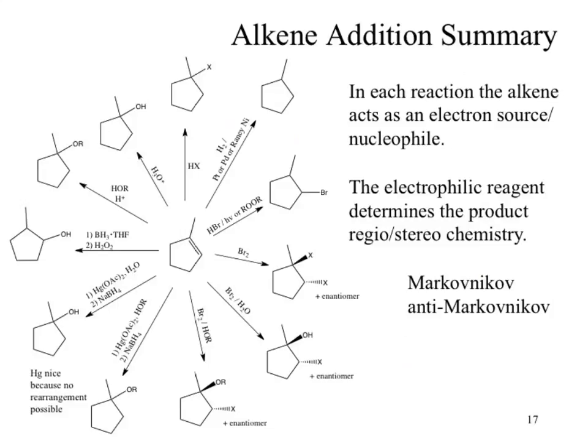So now that leaves me with just memorizing that BH3 will do that. Because does it do that because it's bulky or some reason like that? The reason BH3 goes to the least substituted position has to do with our alkene.